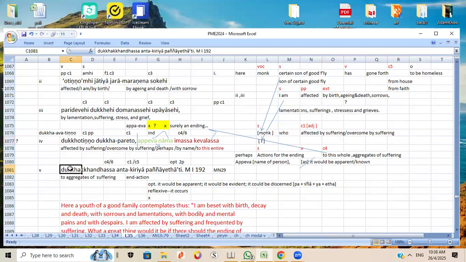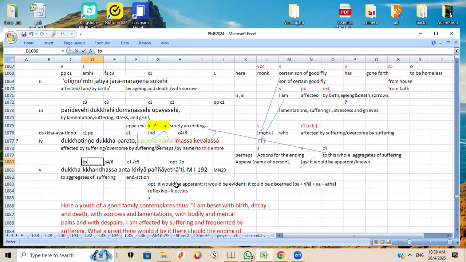Dukkhakkhandha. Can you see that this is dukkhakkhandha? Aggregate of suffering. This is a tappurisa, aggregate of suffering. And to the aggregate of suffering, this one is a join. That means you join it together, to this whole aggregate of suffering.